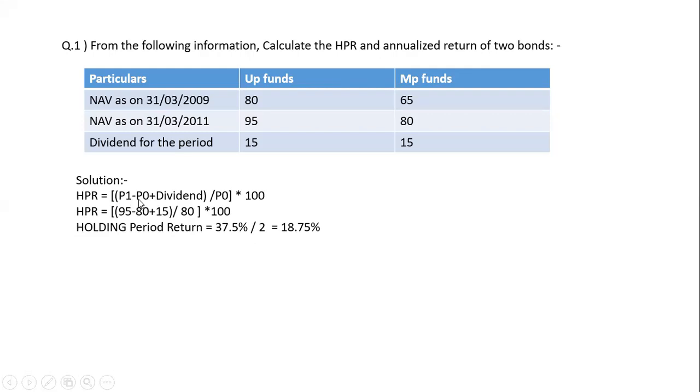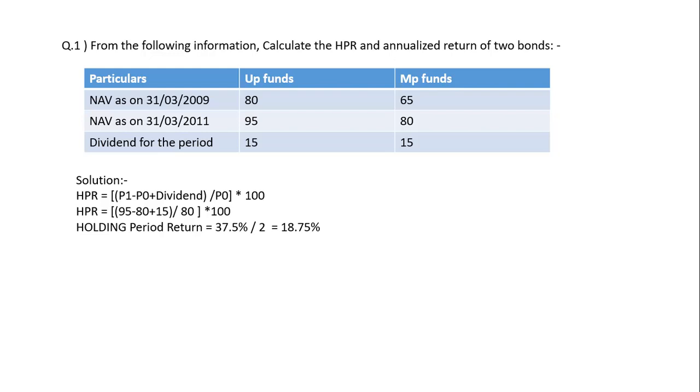P0 is NAV at beginning plus dividend income divided by investment, that is NAV at beginning. NAV at beginning is the investment price, P0, into 100. 95 minus 80 plus 15 divided by investment price 80 into 100. You have got 37.5 for 2 years. You are holding this security for this mutual fund for 2 years.